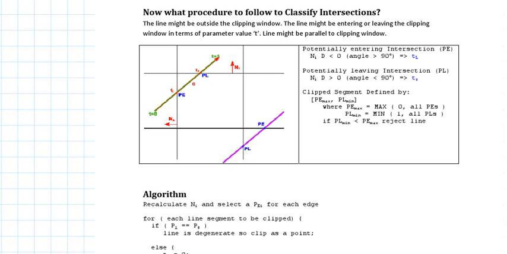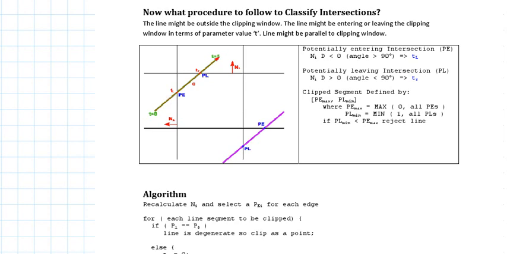So at TL, this point, that means with respect to the left edge, this line is entering into the clipping window, if your direction is from t0 to t equals 1, and at this intersection point, this line is actually leaving the clipping window, again if your direction of calculation is from this point to this point.